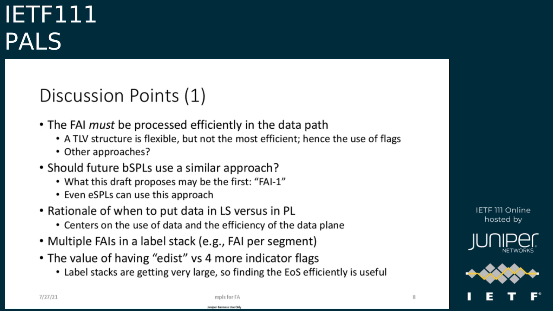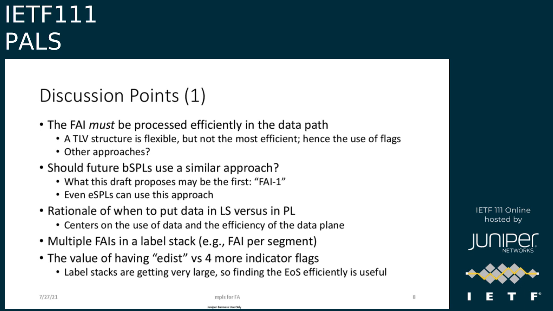So there are many discussion points. One is that the FAI must be processed efficiently in the data path. A TLV structure, for example, would be very flexible, but it's not very efficient in terms of space and processing. So we use flags instead. There may be other approaches. The other thing that I think we haven't discussed, but we should be discussing, is that this FAI actually accomplishes the task of 5 or 6 other FAI or SPLs.